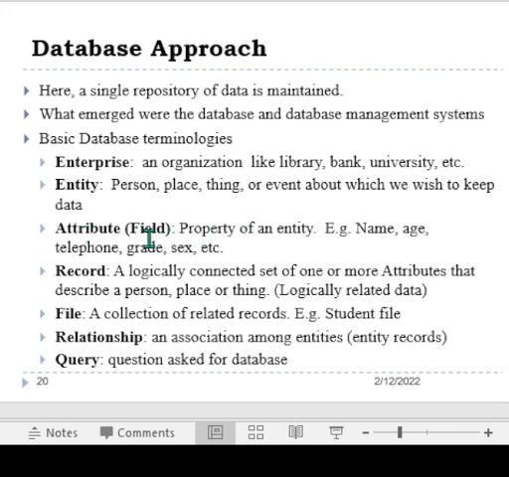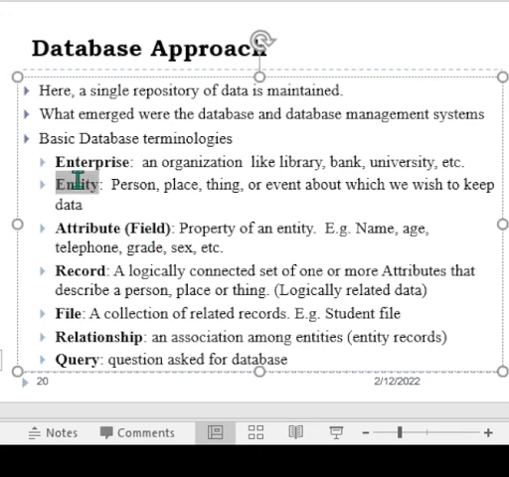It gives additional description about the entity. For example, for the entity student, student ID, student name, age, telephone, grade, and sex are attributes. These describe the entity.